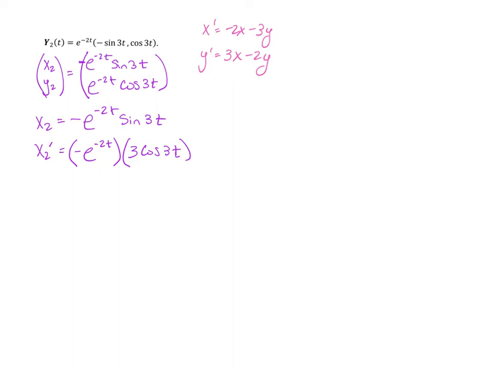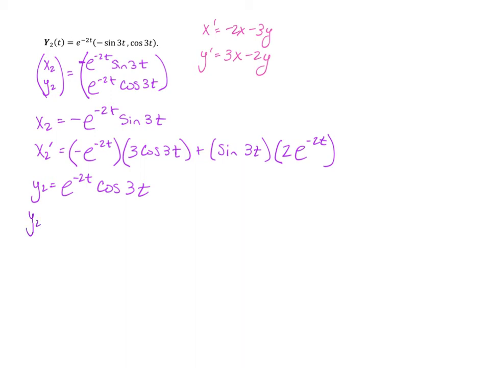Okay, so it's first times the derivative of the second plus the second times the derivative of the first, which would be 2e to the negative 2t. All right, actually, let's do y first. So y2 is e to the negative 2t cosine 3t. Just copying that down from y2 is this. x2 is this.